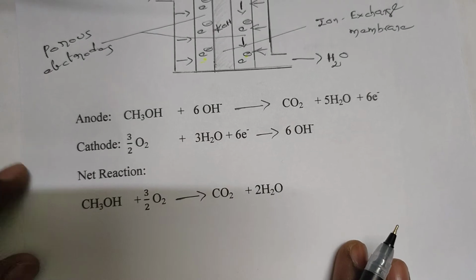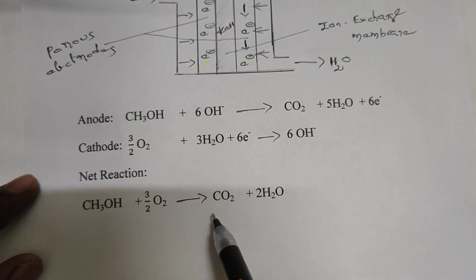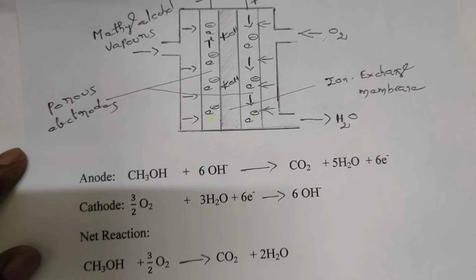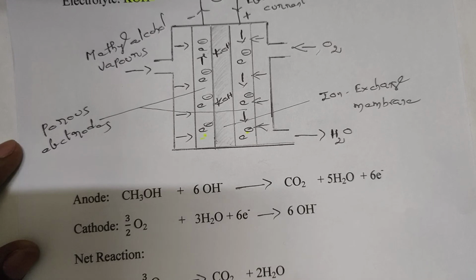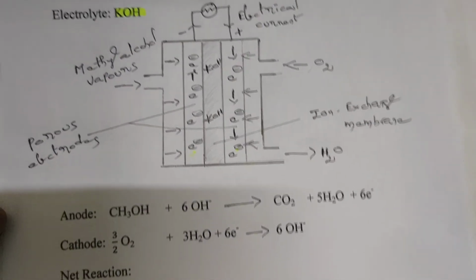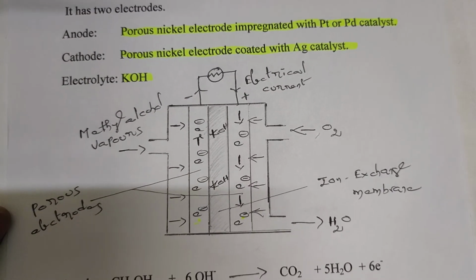So what is the net reaction here? CH3OH plus 3 by 2 O2 gives CO2 plus 2H2O. So these are the reactions at the anode and cathode. In the methanol oxygen fuel cell, the anode is a porous nickel electrode impregnated with platinum or palladium catalyst.